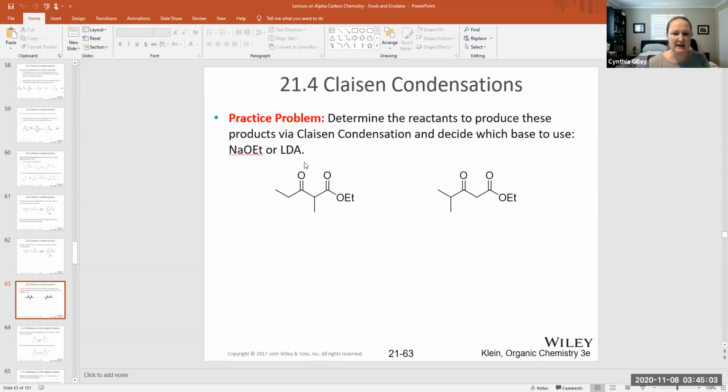Right? So the idea is think about the products here. They're both beta keto esters. Try to decide which carbon-carbon bond will be formed in this Claisen condensation, and then retrosynthetically move back to the reactants, and then in the forward direction provide the reactants to form those.